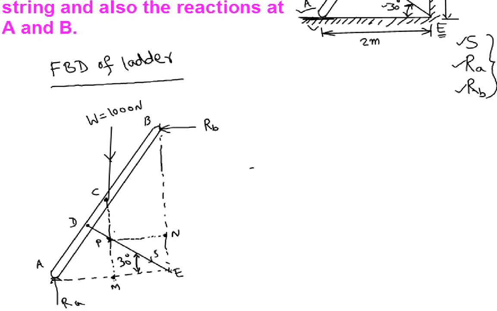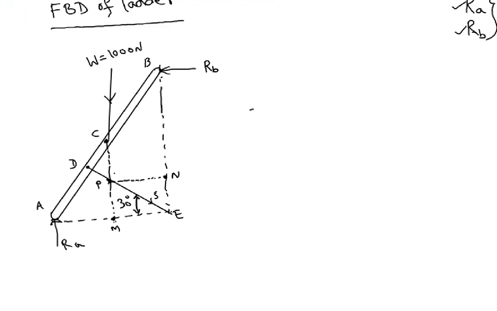We are given that this total dimension from here to here is 2 meters, and we are drawing a line parallel to the side BE passing through the midpoint C. So obviously this M better be the midpoint of AE.